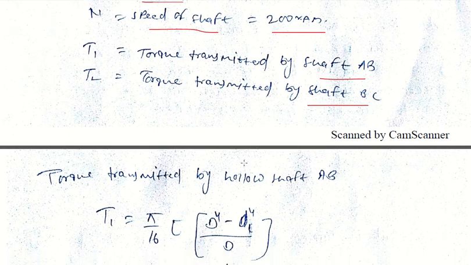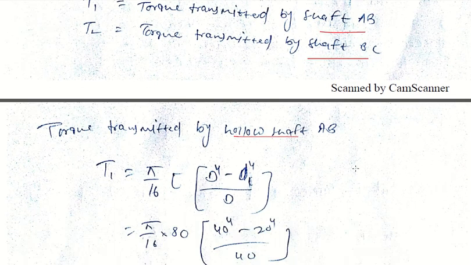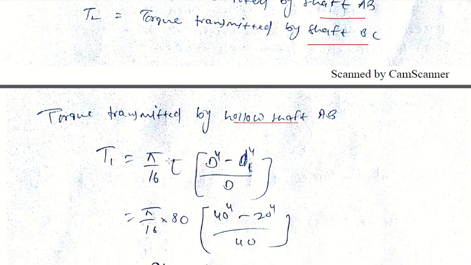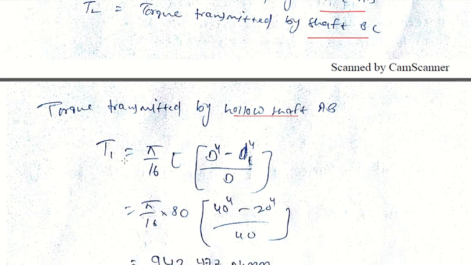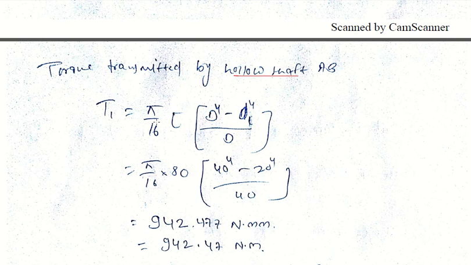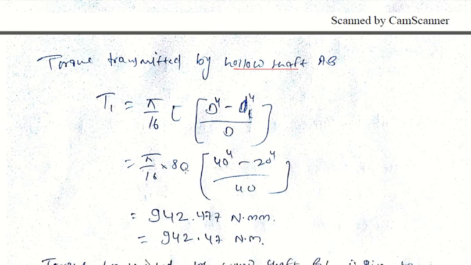Now the torque transmitted by a hollow shaft, here is the formula: pi by 16 into tau into d outer to the power 4 minus d inner to the power 4, divided by d outer, or external diameter. So for portion AB, T1 equals pi by 16 tau times d outer to the power 4 minus d1 to the power 4, divided by d outer.